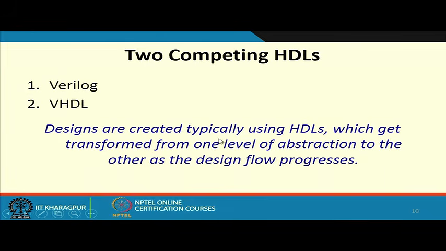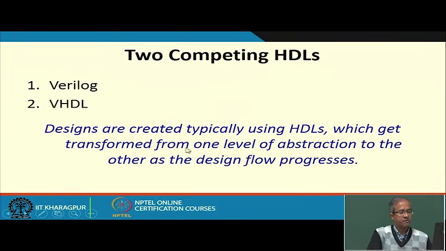So, as I said, designs are created typically using these languages, which can be transformed from some higher level of abstraction to a lower level of abstraction as time progresses.